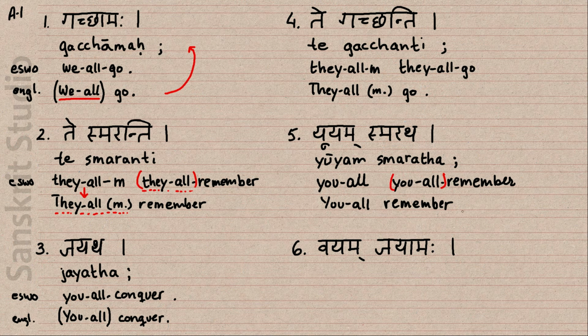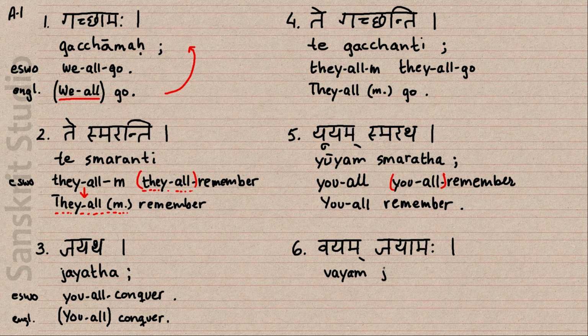Okay, you all remember. And here we do have a pronoun applied, so we don't bracket you all down here on the English line. So we have yuyam already in the Sanskrit here, so this is a good representation in English for the Sanskrit sentence. Okay, number 6. Vayam jayamaha.